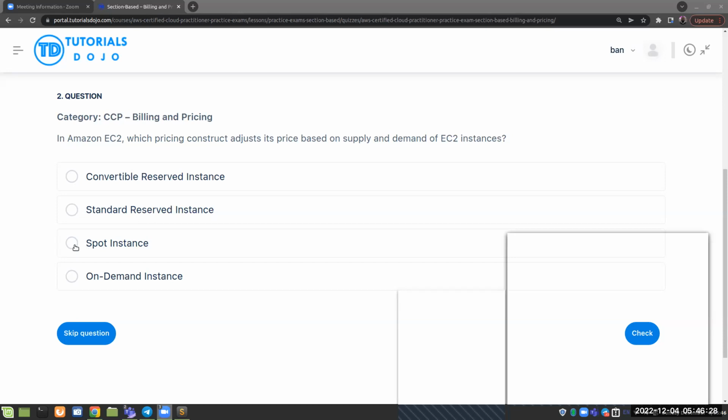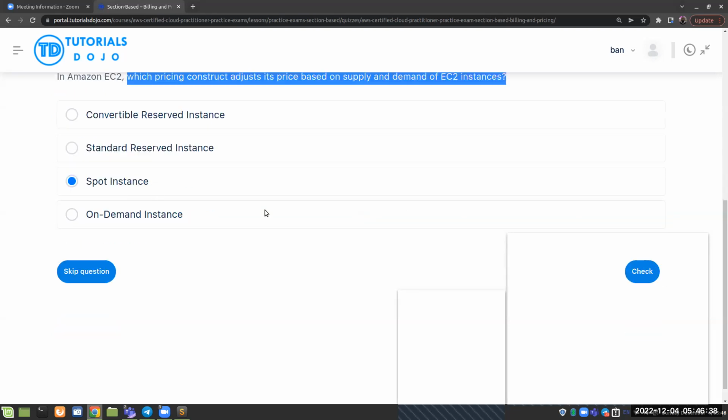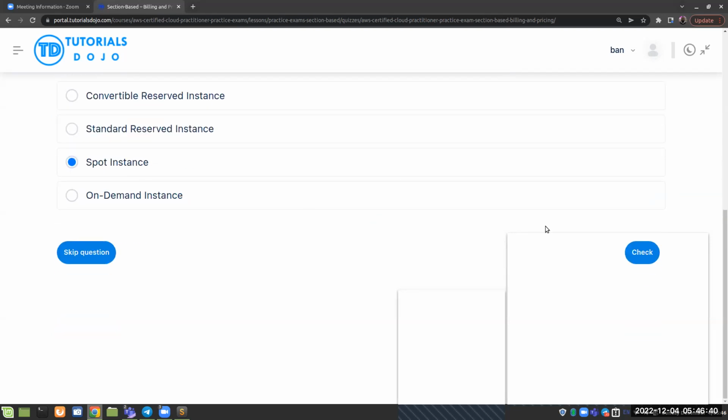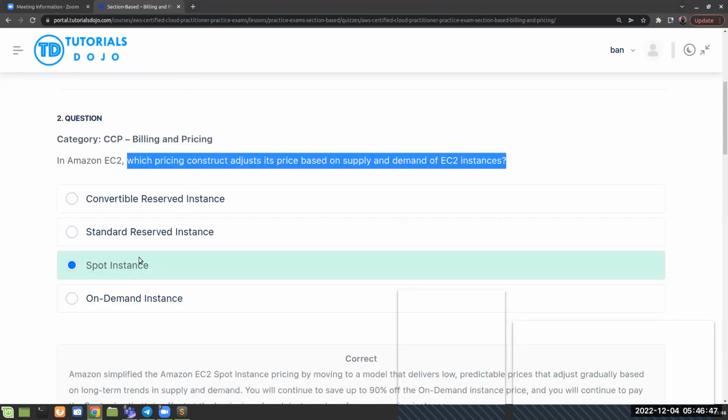So the key point here is which pricing construct adjusts its price based on supply and demand of EC2 instances. Spot instance. So let's take the majority and then get the review. So it's correct, it's C.